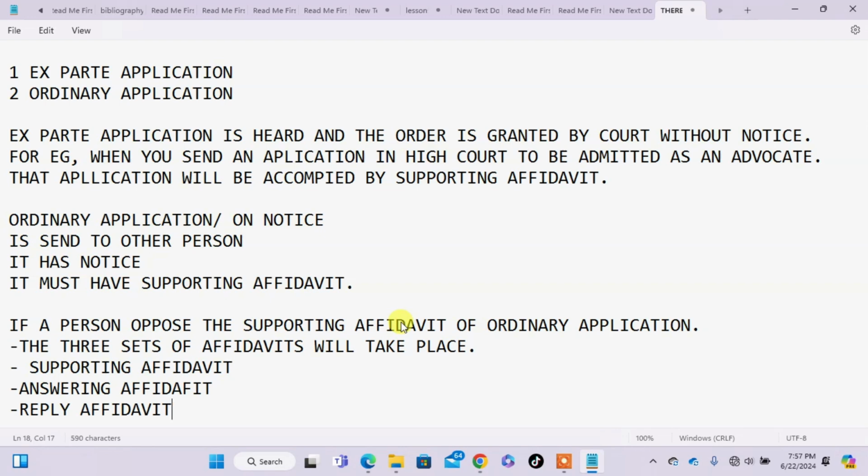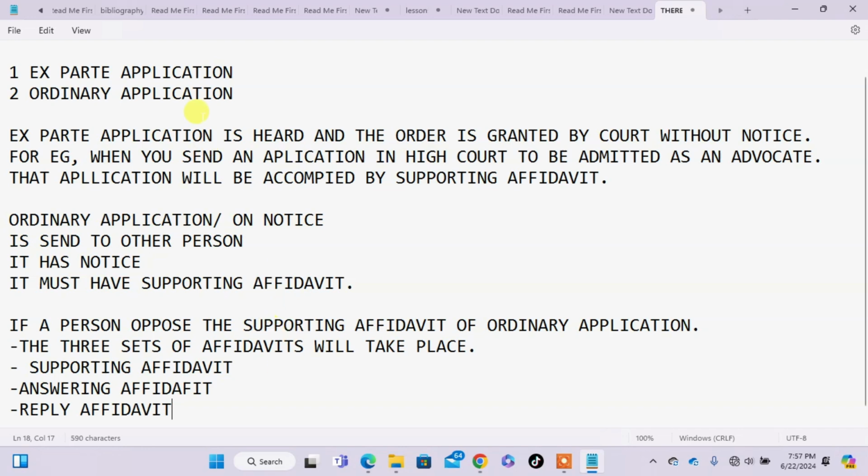Those are the three affidavits that must take place. There should be a supporting affidavit, then the person you gave notice will answer the affidavit, then you will reply to the affidavit. This is what happens between the ex parte application and the ordinary application. I have written it down so that you don't forget, even in the examination.